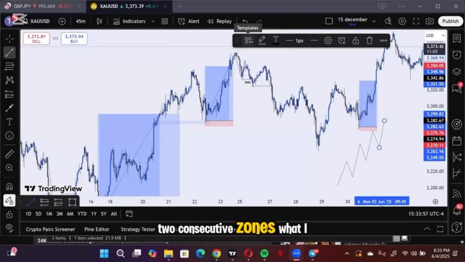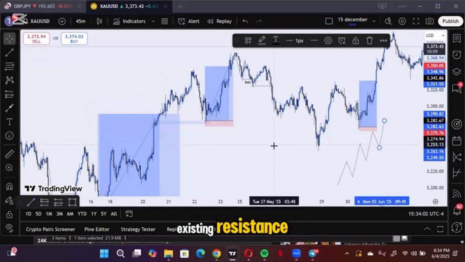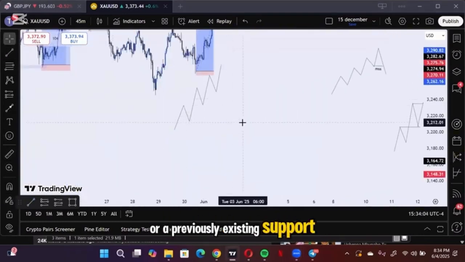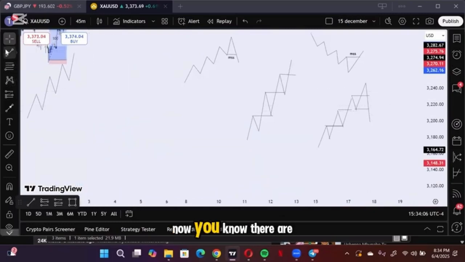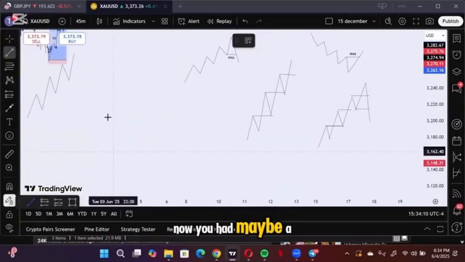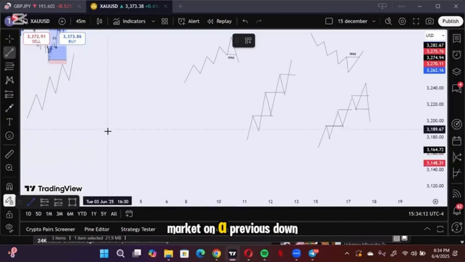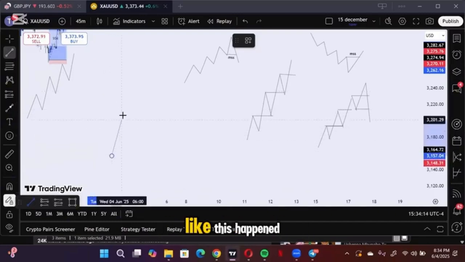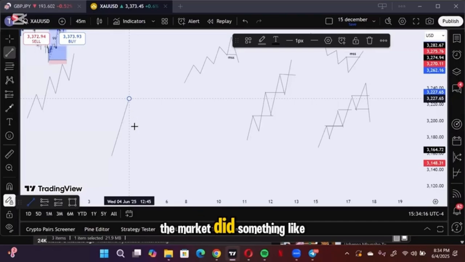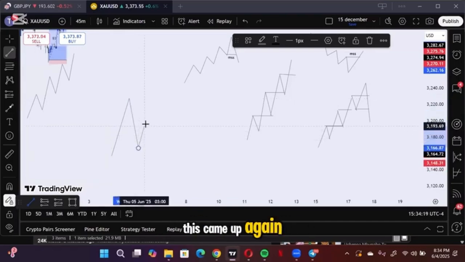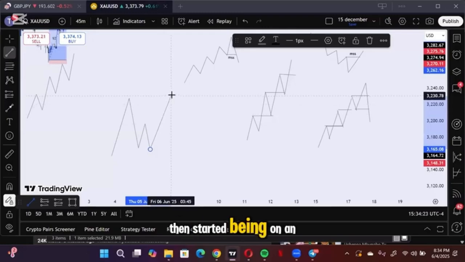Two consecutive zones. What I mean by two consecutive zones is there can be a previously existing resistance or a previously existing support. Let's say, for example, now, there are always lows and highs in the market. So let's say, for example, now you had maybe markets on a previous down. Let's say it has something like this happen. The market did something like this, came up again, did something like this, then came up here, and then started being on a downtrend.